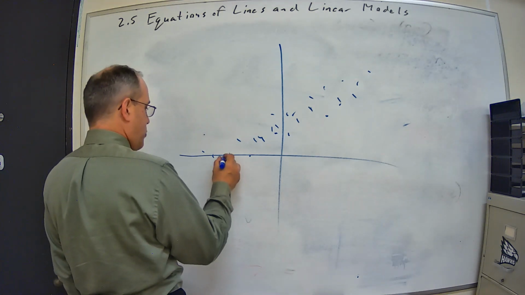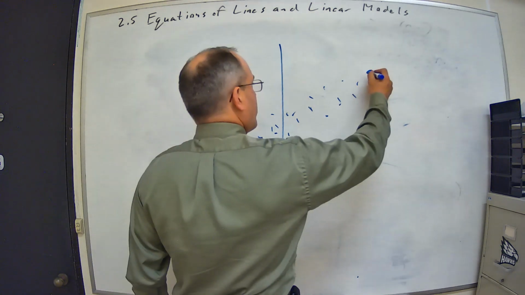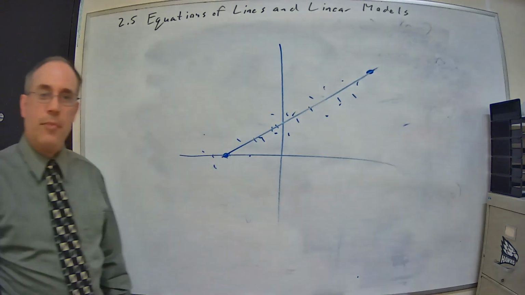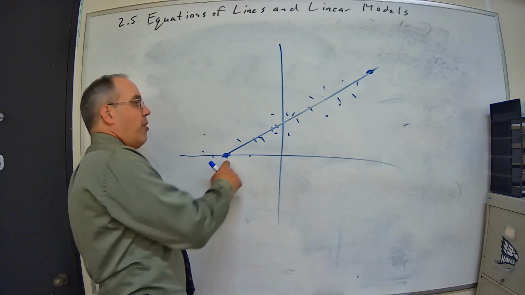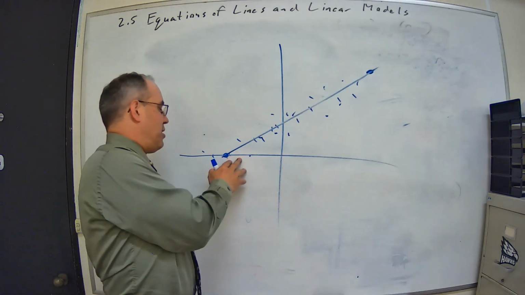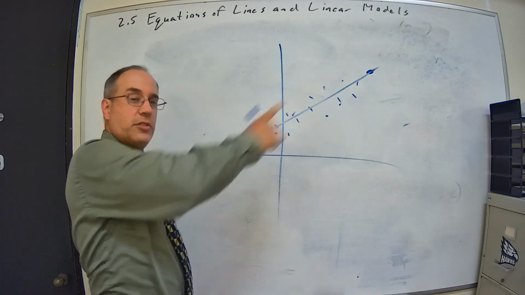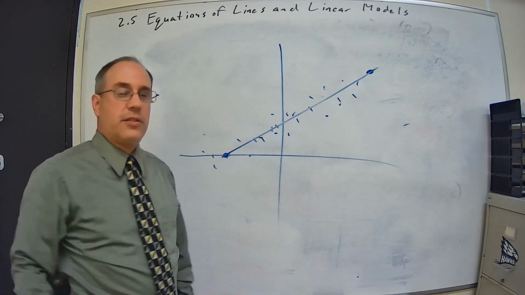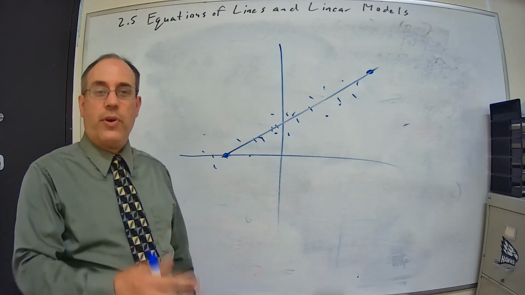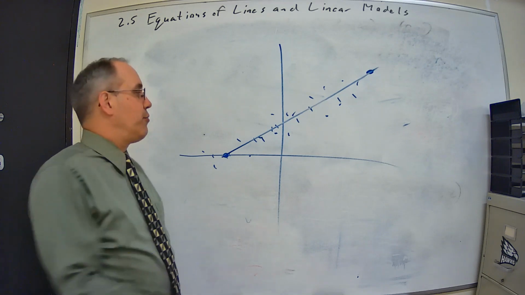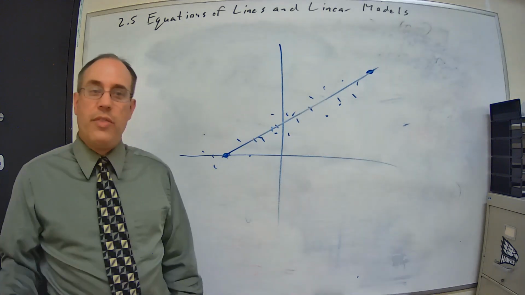Like I see this one here and this one here seem to give me a pretty good estimation. Now, since I have those 2 points, I can come up with the slope, and I can use one of those points and use the point slope form to come up with a linear model for our data.